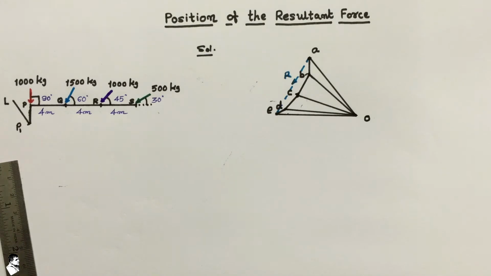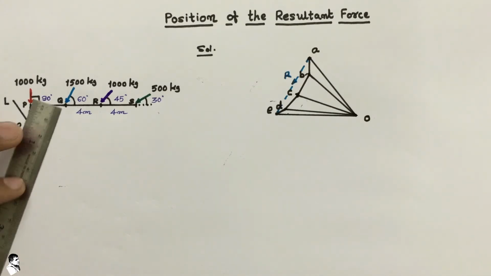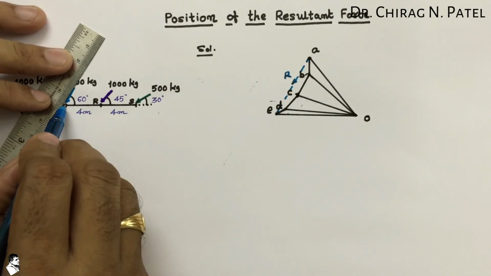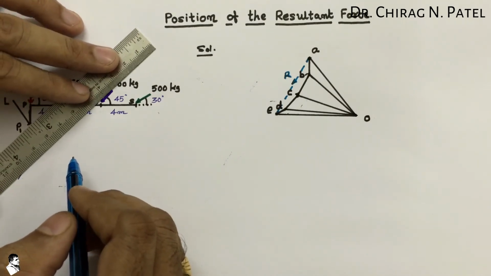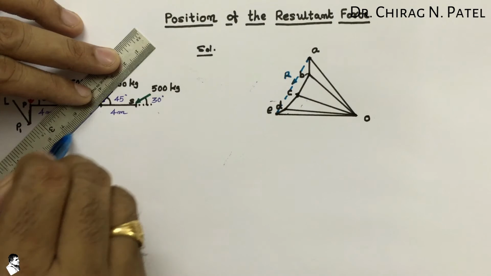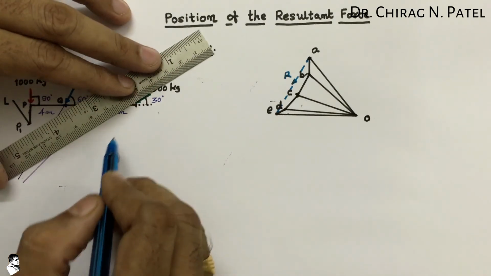After that we plot different lines parallel to the given forces, from all the points. So these are our parallel lines from those forces.